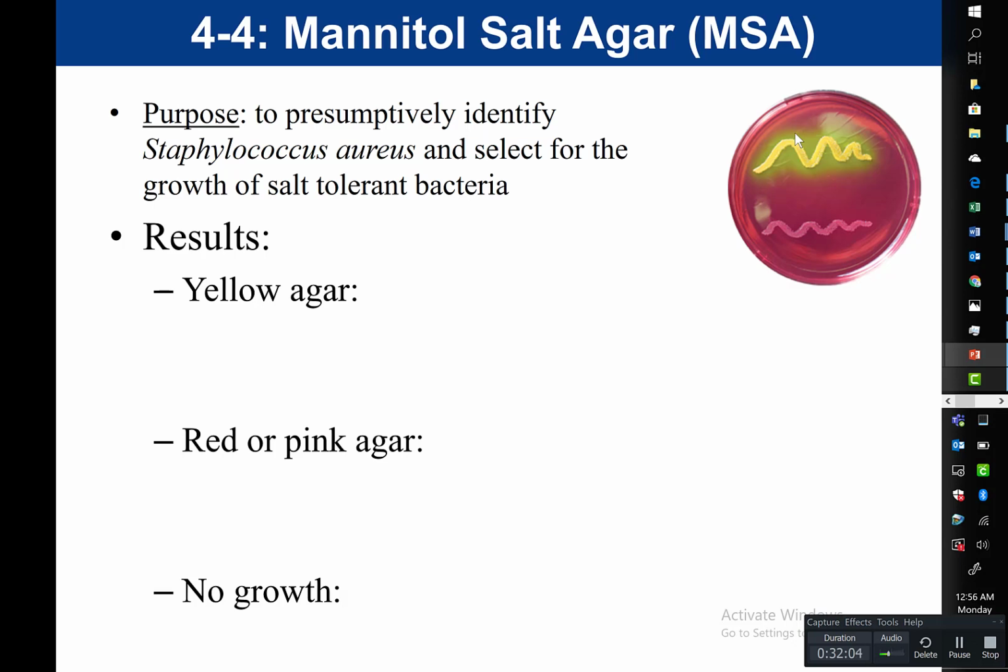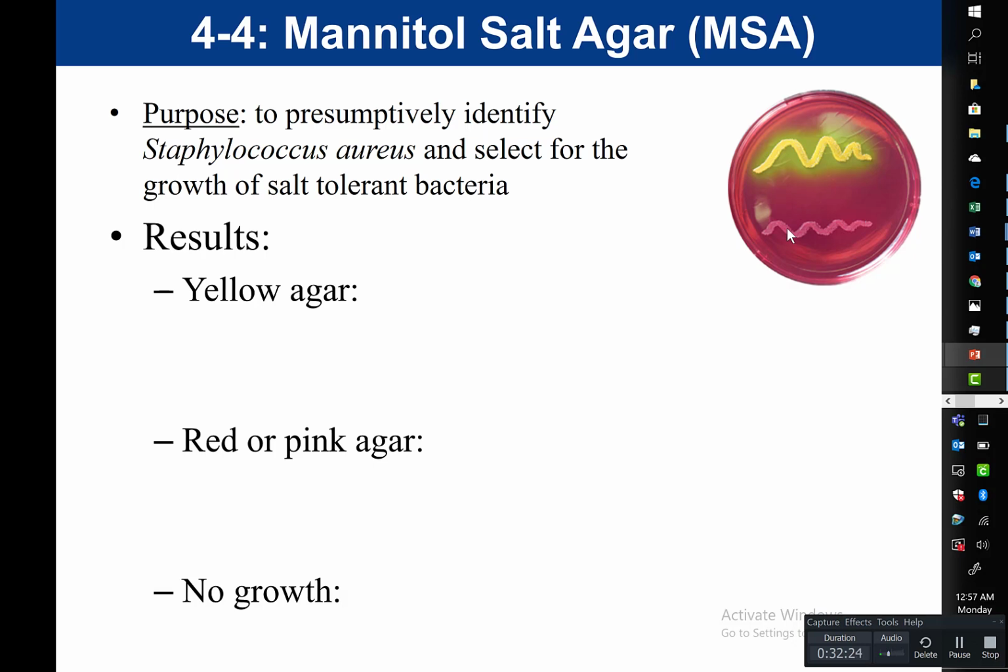And our selective ingredient is going to be our high salt concentration, 7.5% salt. So anything that grows is definitely osmotolerant. So we have two results. The bacteria grew and the agar is yellow. Or the bacteria grew and the agar is pink-red.